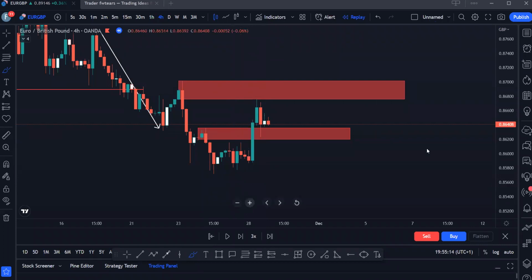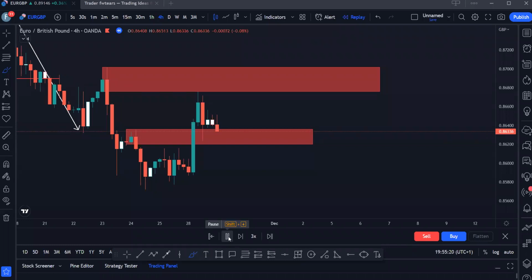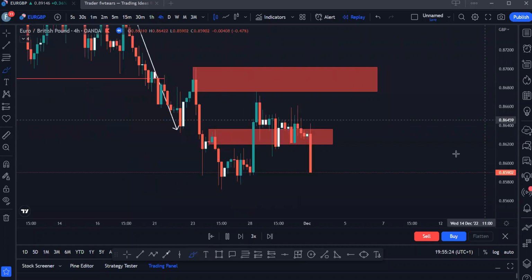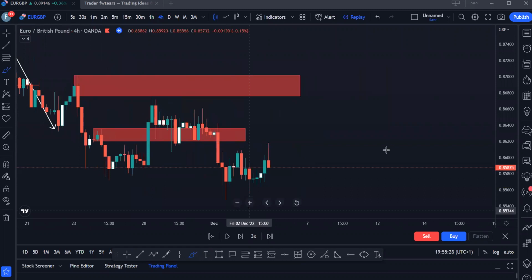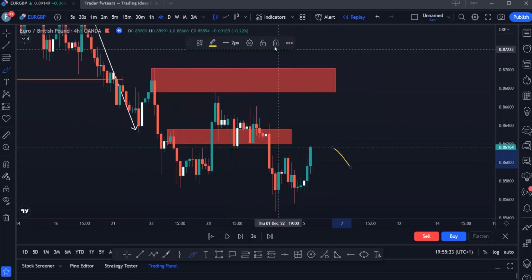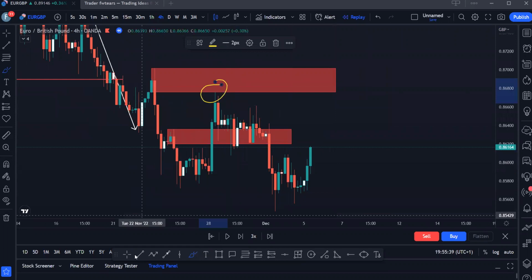Let me zoom in, and then ultimately that resistance zone held, and then what is price now doing? Price came down and formed a lower low here. So you can see how this resistance zone held, and it was a resistance in a downtrend.